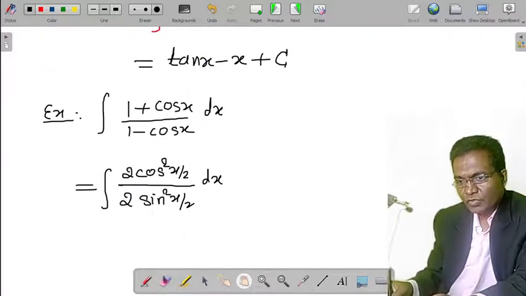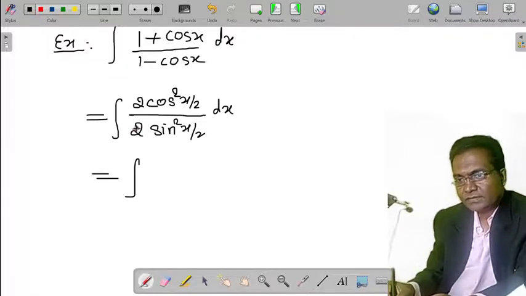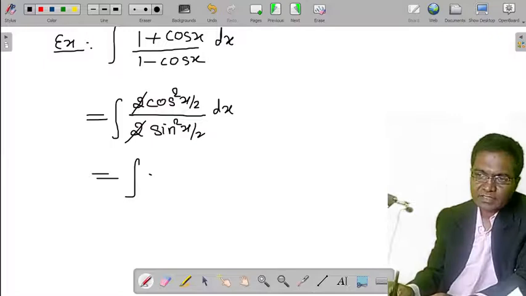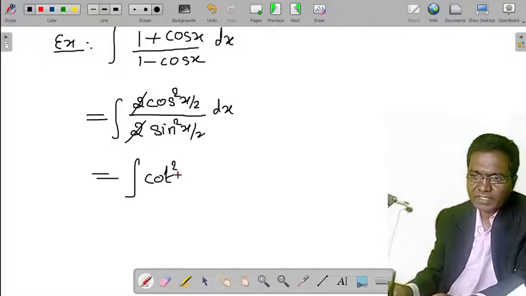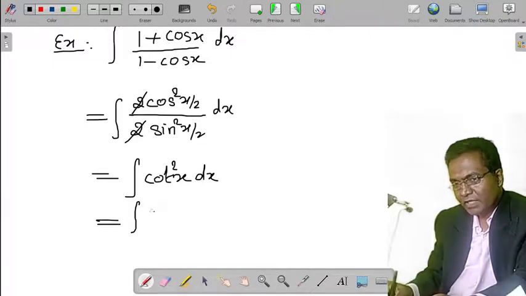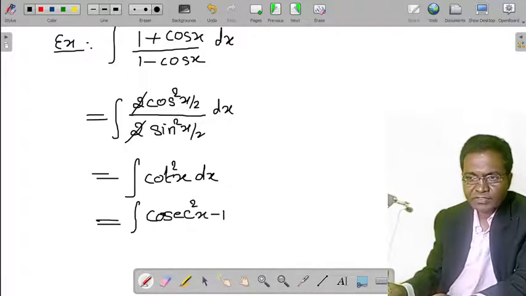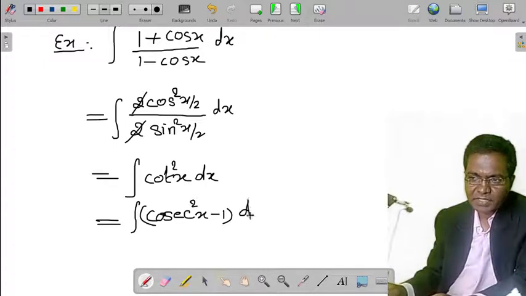So as earlier, the 2s cancel. You will get cos square by sin square. That gives you cot square x, and cot square you have to write as cosec square x minus 1, as I mentioned earlier.